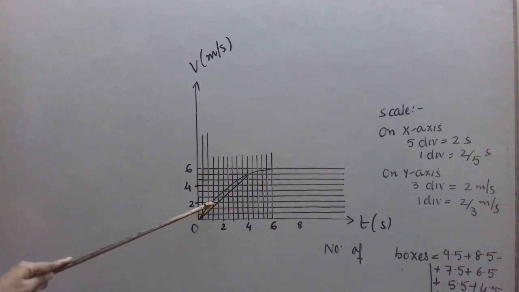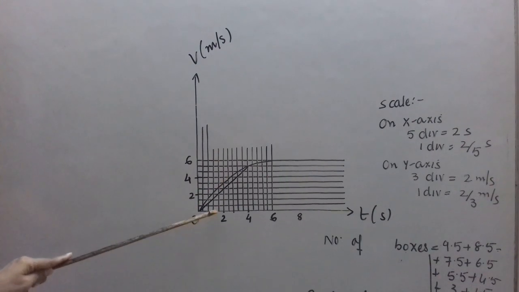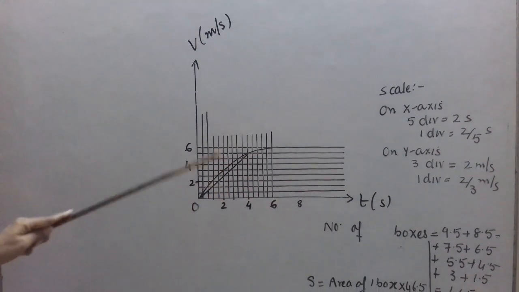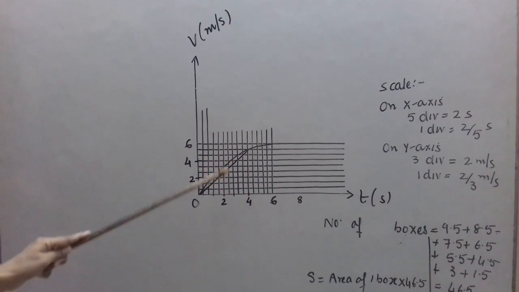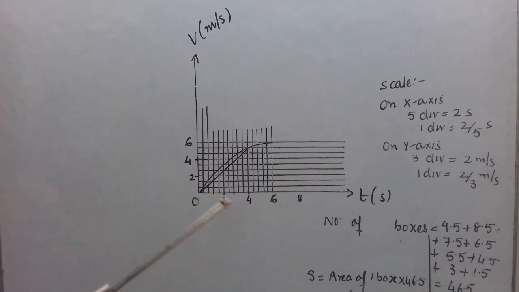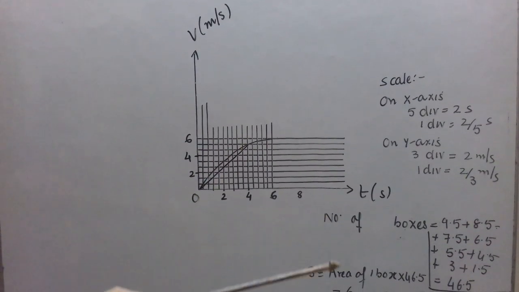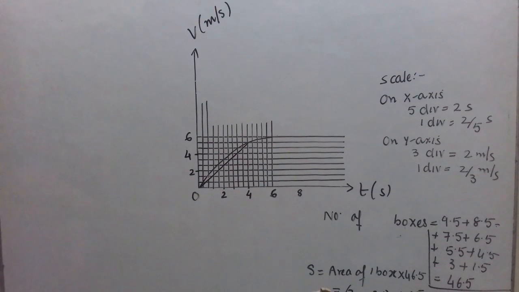In the third line, it is 7.5 and so on. In this way, I have counted the number of boxes in each line in this area under this curved line. So that gives me the number of boxes in the time period 0 to 4 seconds below the graph. And when I take the total, the number of boxes comes out to be 46.5.